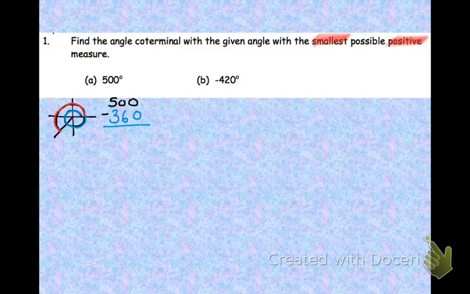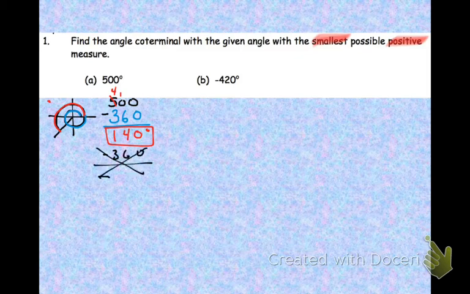So if you subtract that out, you end up with 140 degrees. So actually I was a little off. It would be up in this quadrant somewhere. But you end up with 140 degrees. The reason we know that's correct is because if you subtracted another 360, you would end up with a negative answer. So you don't want to do that, because again, it said the smallest positive number.